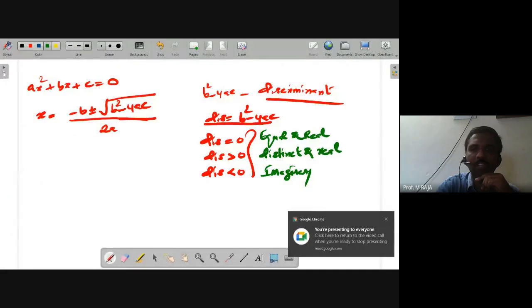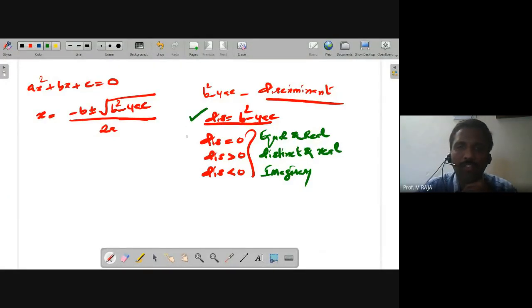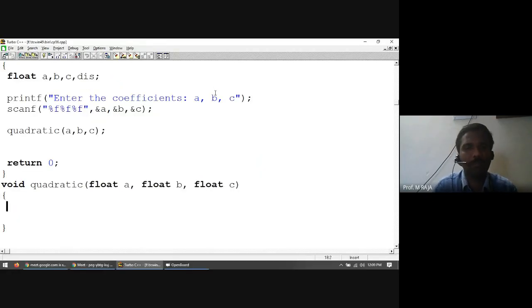Now we need to find the value of the discriminant. Discriminant is equal to b square minus 4ac. So based on that, we can say its nature, the roots' nature. If you want to find the discriminant value, we can call another function.